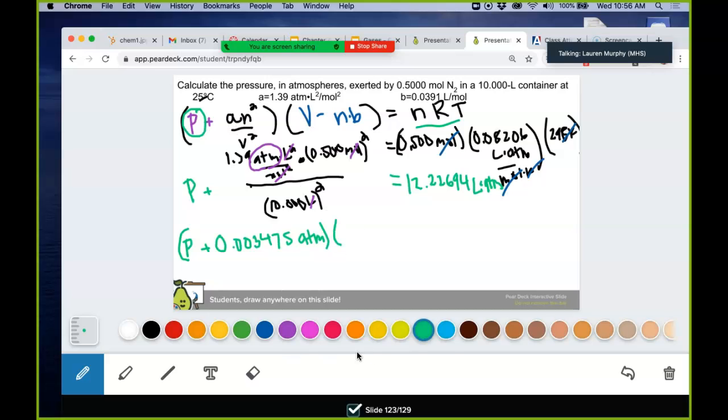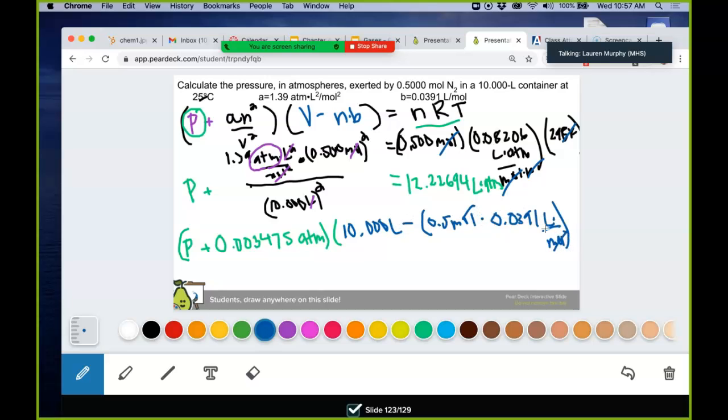Times volume is 10 liters minus the moles times B. Now that's its own little term. So the moles is 0.5. I know it's a bunch more sig figs. Times the B constant, which is given, 0.0391 liter over moles. So look, the moles cancel, and you're left with liters, right?